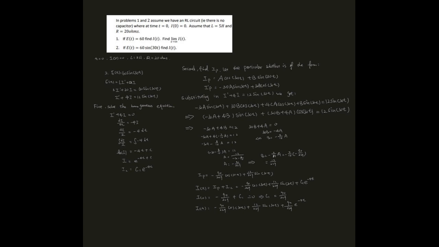And we can get negative 30a plus 4b equals 12, and no cosine on the right side, so 30b plus 4a equals 0. And we can use the second equation to get b equals negative 2 over 30a, and plug into the first equation. We can have a equals negative 19 over 229.